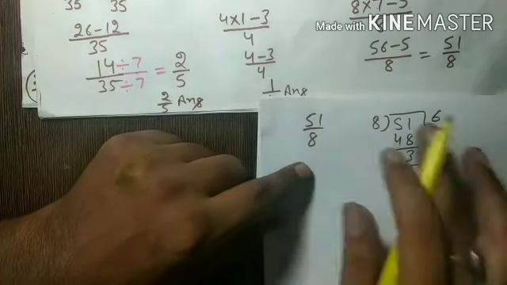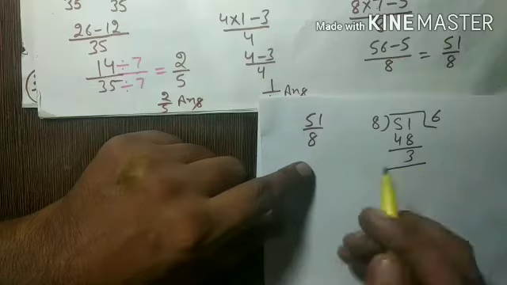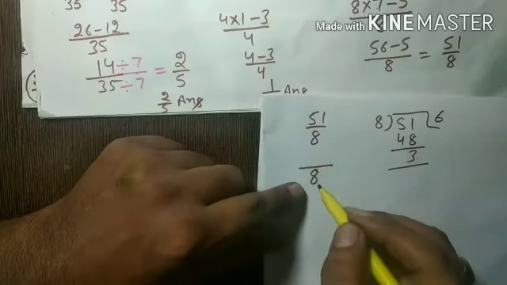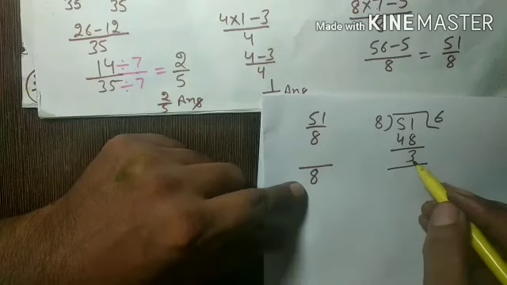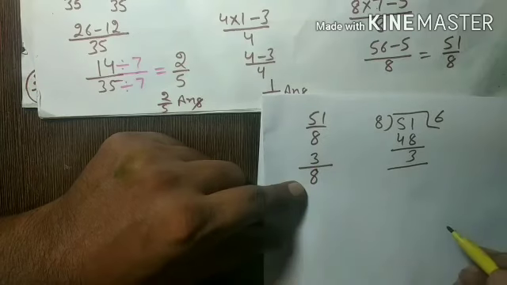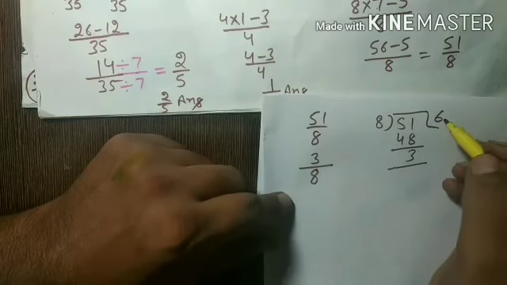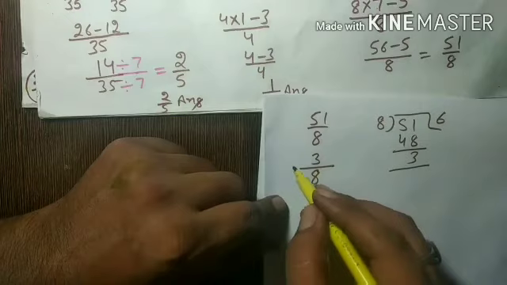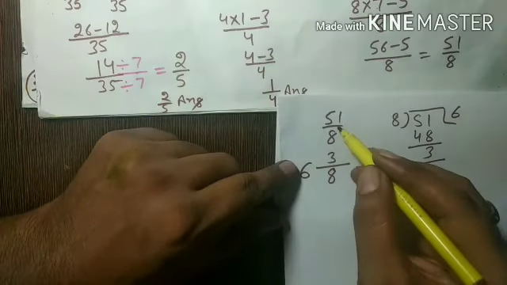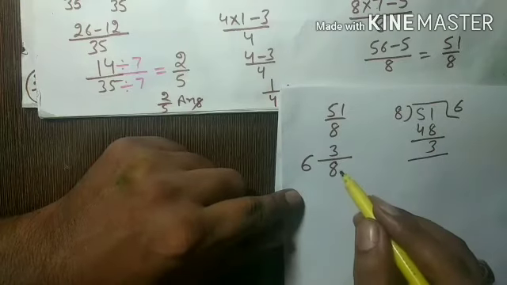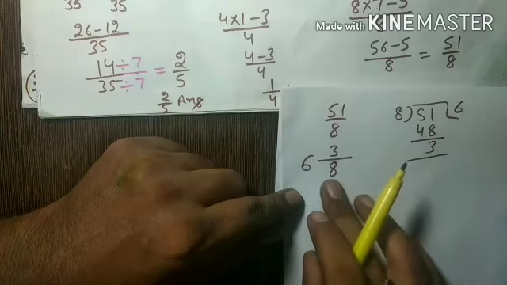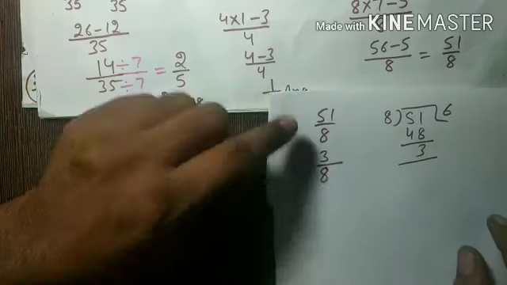Okay student, now 8 will be written as the denominator, the remainder will be written in the place of the numerator, and this quotient will be written as the complete number. So this improper fraction is being converted into a mixed fraction. Okay student, so I will write this answer. You can watch what I have done.